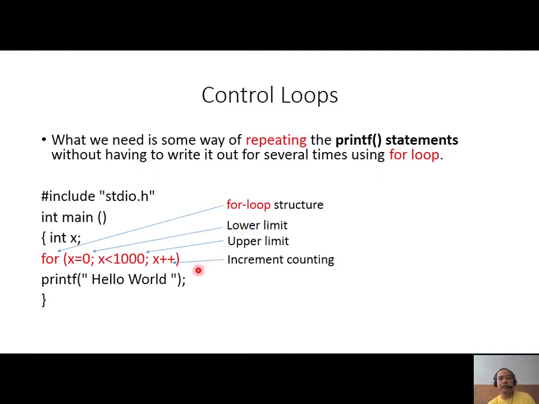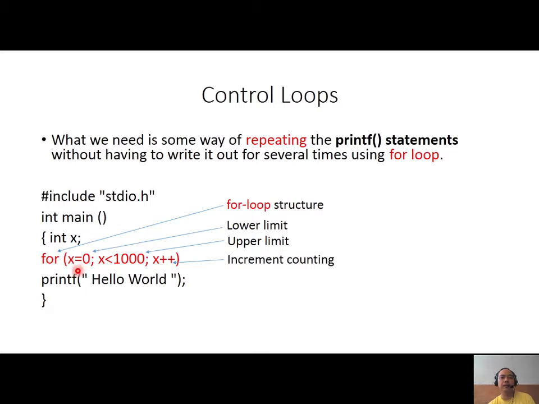But let's dissect the for loop structure. You have the word for followed by open and close parentheses. Inside the parentheses, first is the lower limit. In this case, I declare x as an integer data type.